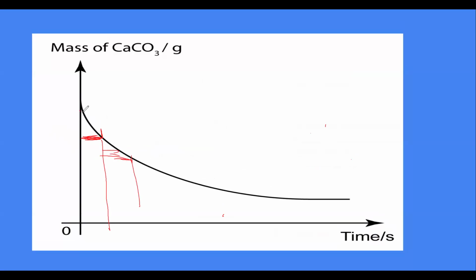So at the beginning of the reaction, the graph is steepest because of the high concentration of reactant. If we have a high concentration of reactant, we have a large amount of collision.